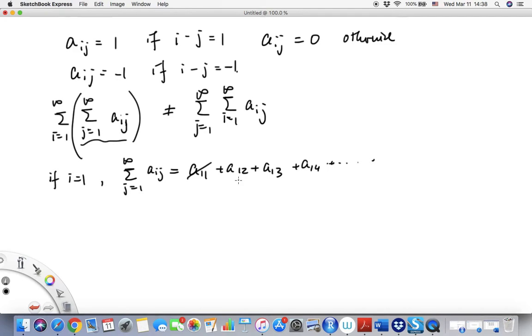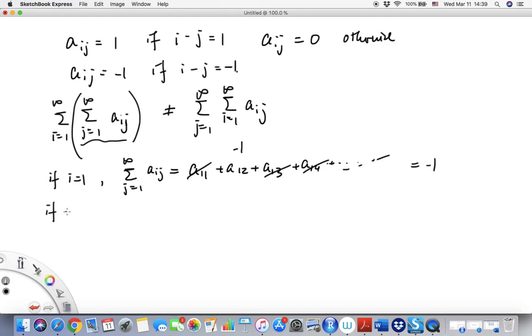What is a12? a12 is equal to minus 1, right? Because 1 minus 2 is equal to minus 1. So that's minus 1, and the rest are 0. So this is equal to minus 1.